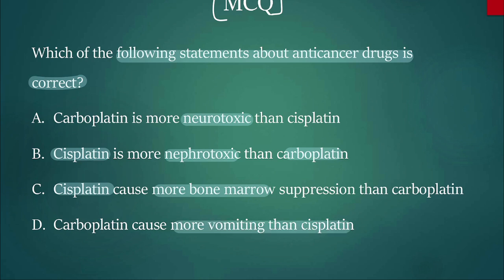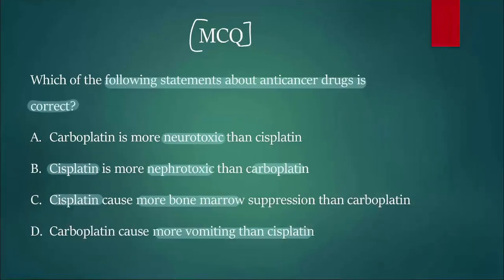So before we come to the answer, let us understand this. Whatever we are studying are called platinum compounds. They act on the DNA, particularly binding to N7, and then they cause damage to the DNA and cell death. A particularly important drug is cisplatin.